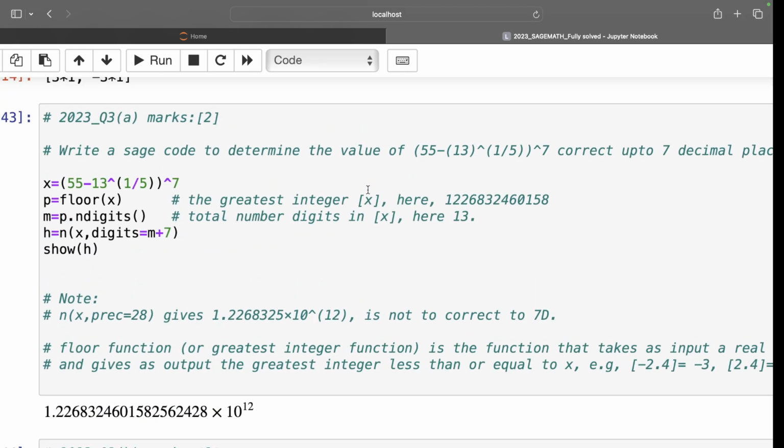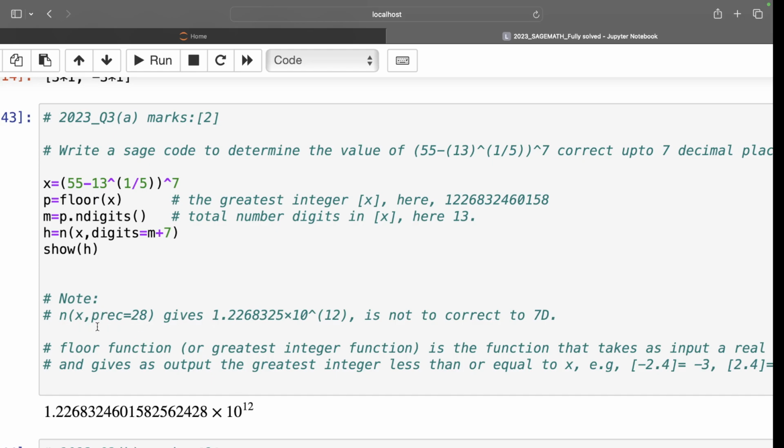The integer part is the 13 digits: 1, 2, 6, 8, 3, 2, 4, 6, 1, 5, 8, point 2, 5, 6, 2, 4, 2, 8 is the decimal part, 1, 2, 3, 4, 5, 6, 7.